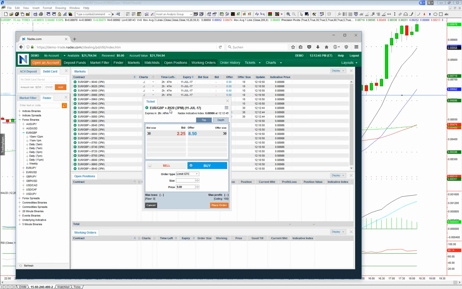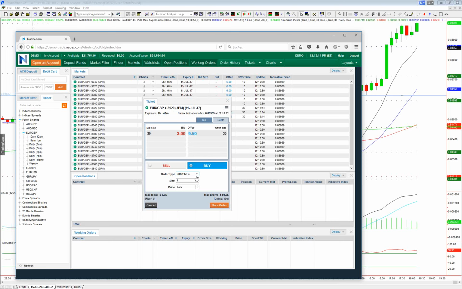If at that point in time, Euro British pound is trading above 0.8920, this contract will settle for $100. So if I'm buying one contract here, I would be buying this contract now for $80.75. And if price pushes higher and trades up at this level, above this level, this contract will settle for $100. Now, it's very nice about the Nadex platform here.